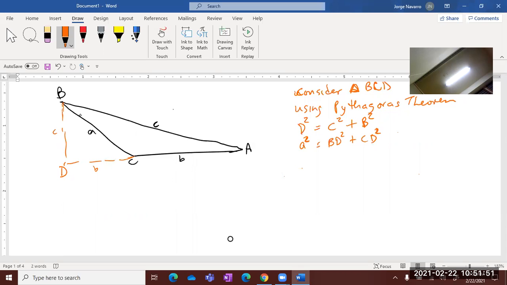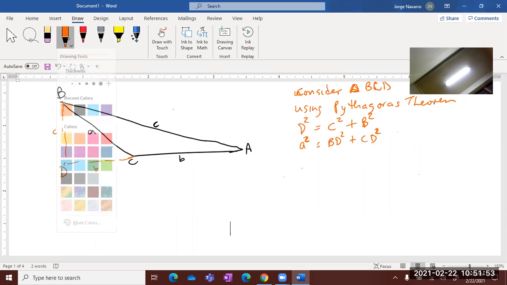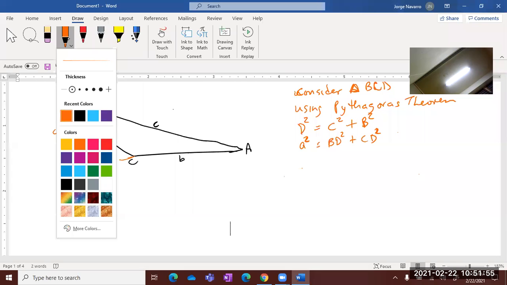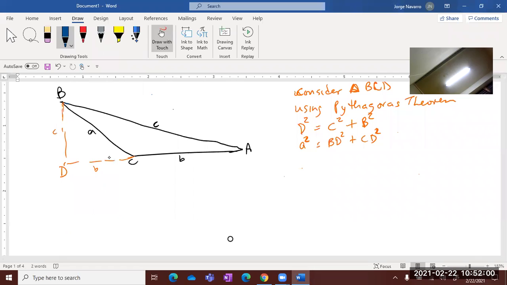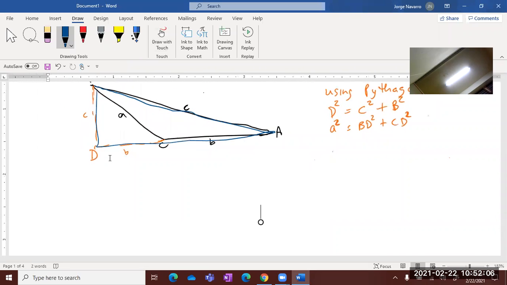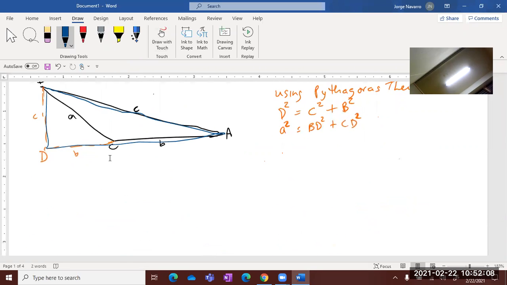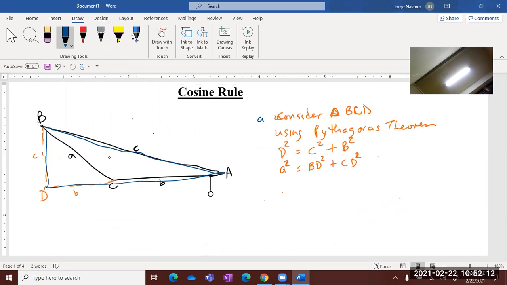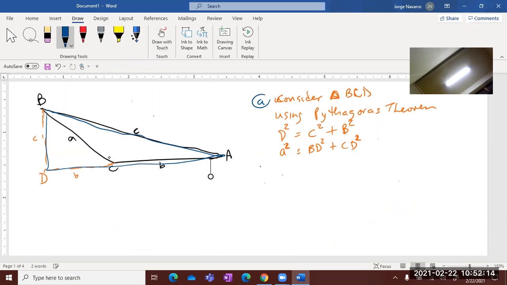Sure. All right, now, the next thing I'm going to do is consider this right here, the whole big right angle triangle. Right? So I'm going to be using Pythagoras again. You can see this is step A, so this will be step B. This time I'm going to consider triangle ABD.